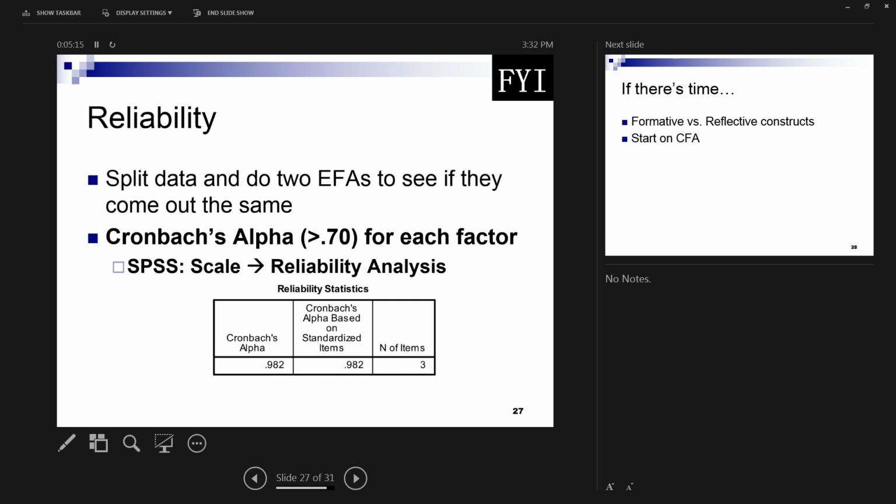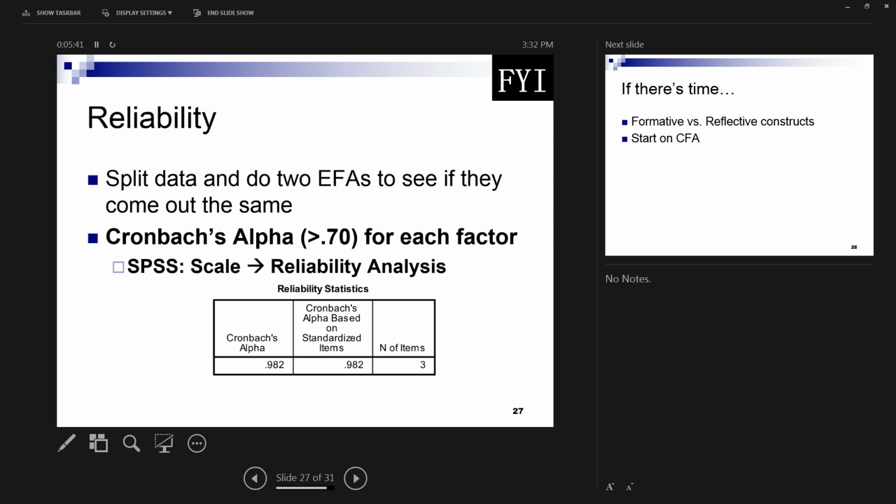Reliability. There's another approach to reliability that not many people do. I never teach it, but there's a way to do it. You just run 2 EFAs with randomly sampled data from your data set. So randomly sample 50%, and then randomly sample 50% again. Do an EFA with each. If you come out to roughly the same factor structure, you have pretty reliable factors.